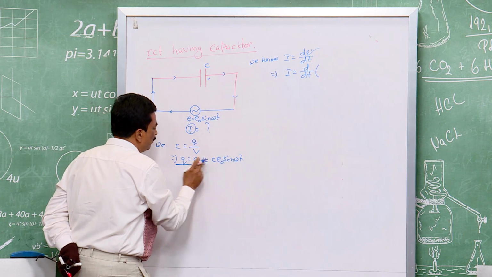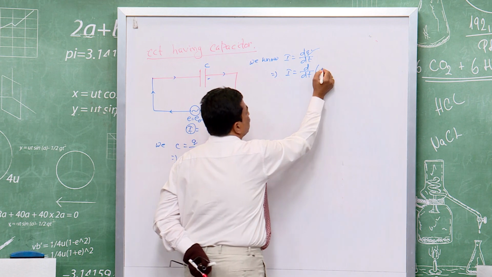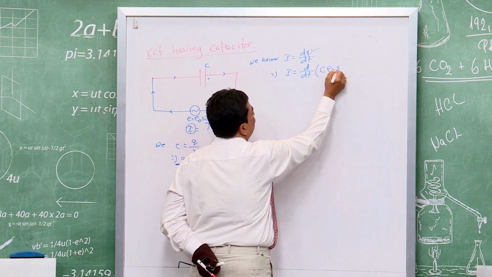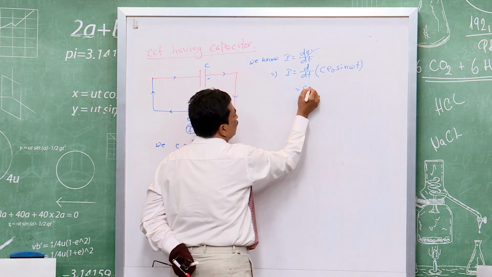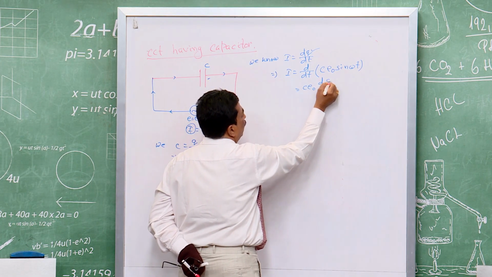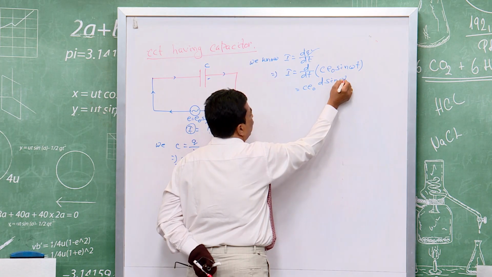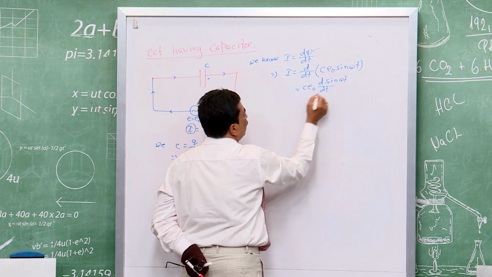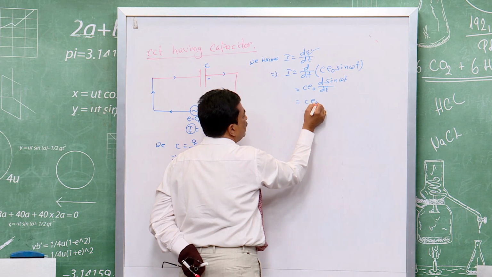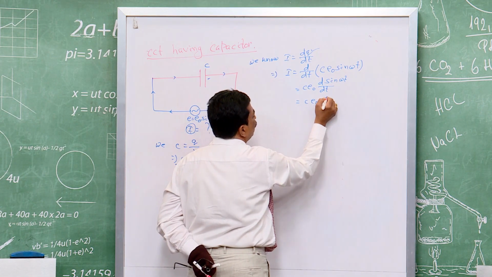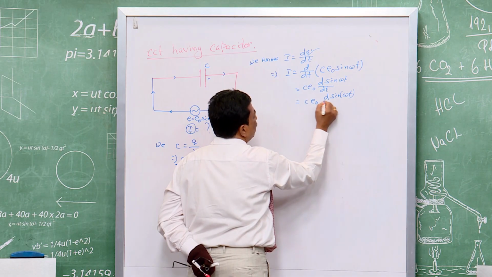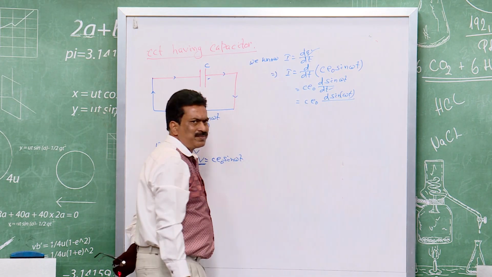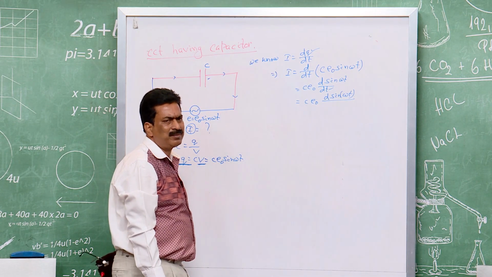What is the value of q? Q is equal to C E0 sin omega t. That is equal to C E0 times d sin omega t by dt. Now, if sin omega t is to be differentiated according to the chain rule, the sin function is of omega t, but the derivative is with respect to t, so differentiation will not be directly possible.